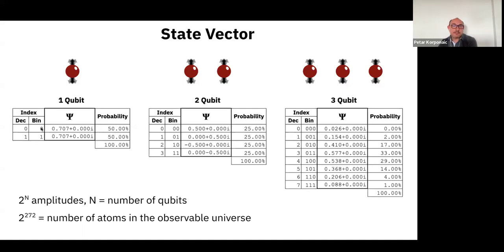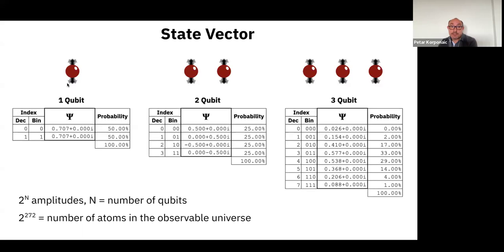So let's say that a horizontally polarized photon is 0 and vertically polarized is 1, or, I don't know, electron spin up is 0, electron spin down is 1, or something like that. You know, we can attach 0 or 1 to those states. And now when a qubit is in superposition, we can read 0 or 1 out of it.